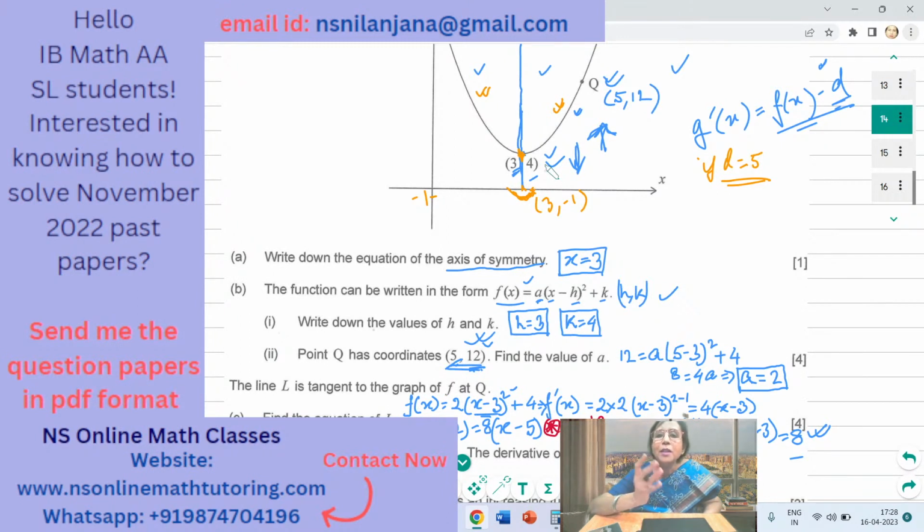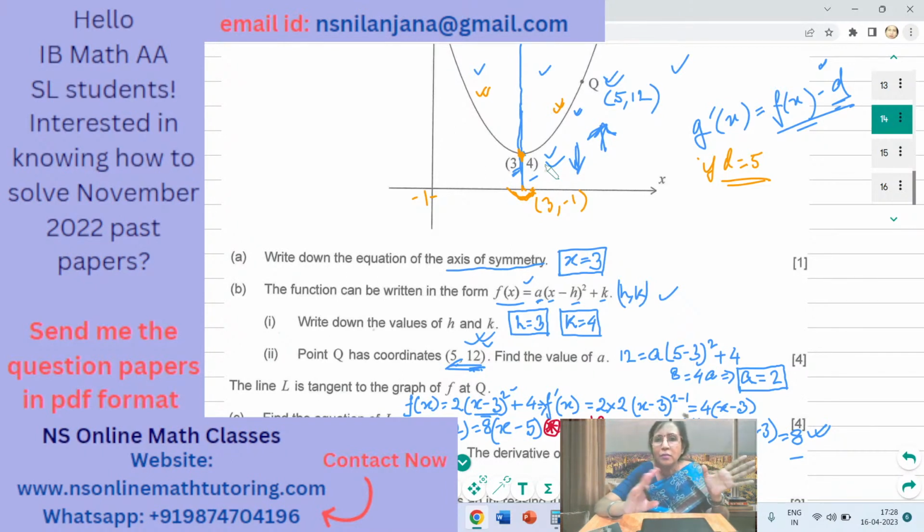It can be a positive number. It can be equal to 0. If d is equal to 0, the parabola stays where it is. If d is a negative number, it will be translated up. But if it is a positive number, it will be translated down, but we cannot allow it to go down to the x-axis or below. So d cannot have any value greater than or equal to 4. Okay? So d can have values only less than 4.